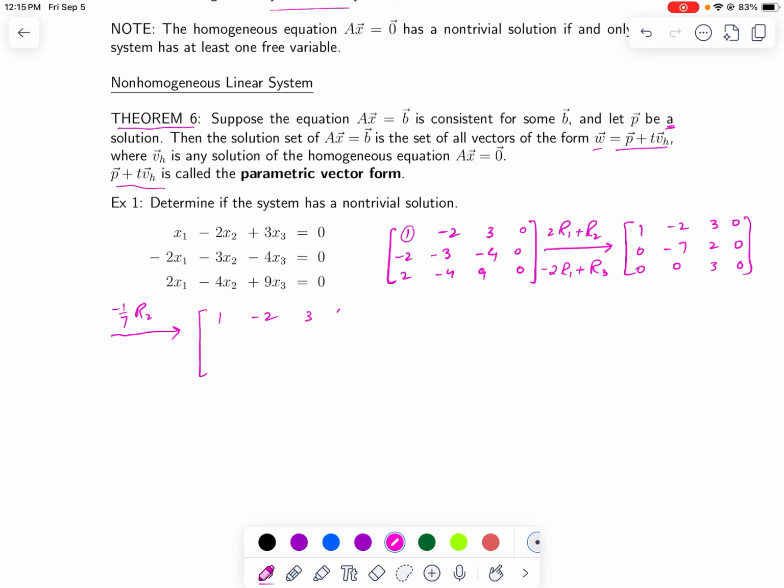Also, at this stage we can multiply the third row by 1 over 3, because we know we have to get a 1 here. So now you can see from here this is the echelon form. I can keep going and reduce it to the reduced row echelon form.